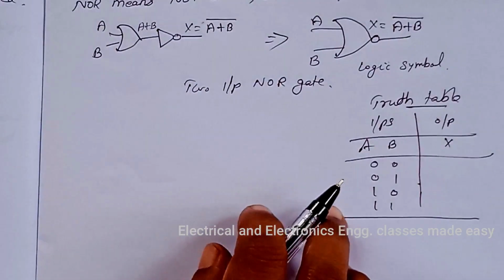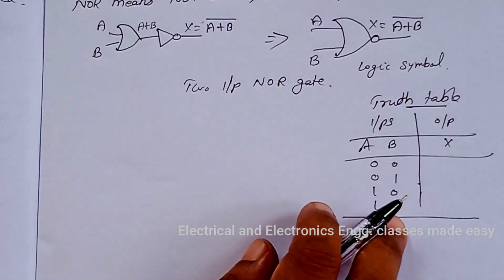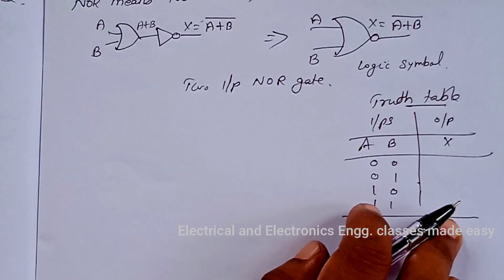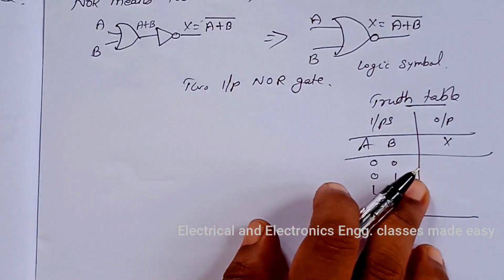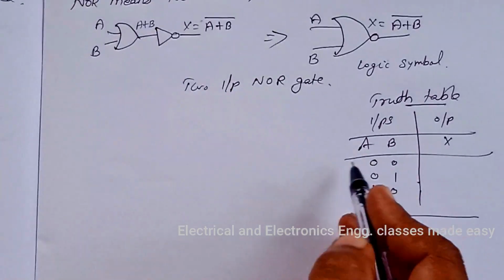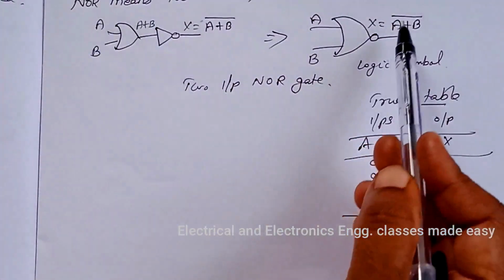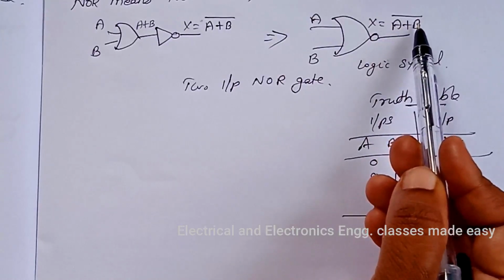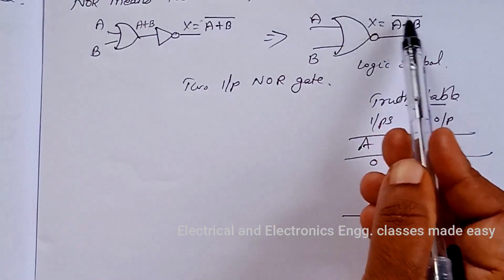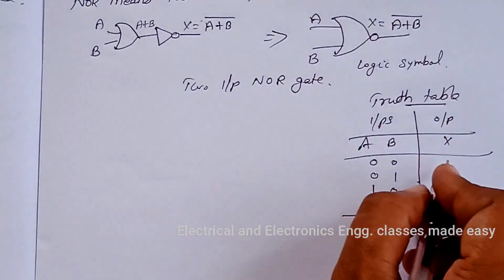And here the output is logic 1 level only when each of its inputs assumes a logic 0 level. That is, here when both the inputs are 0, that is 0 plus 0 is 0, then its complement is 1.